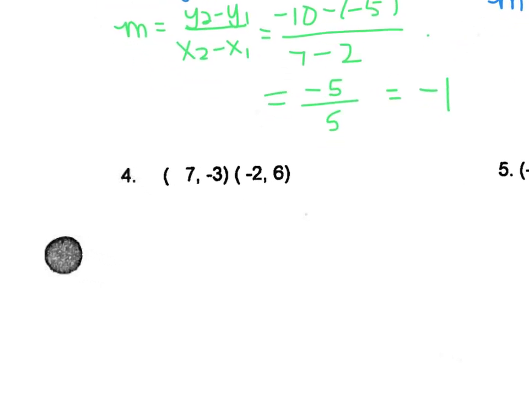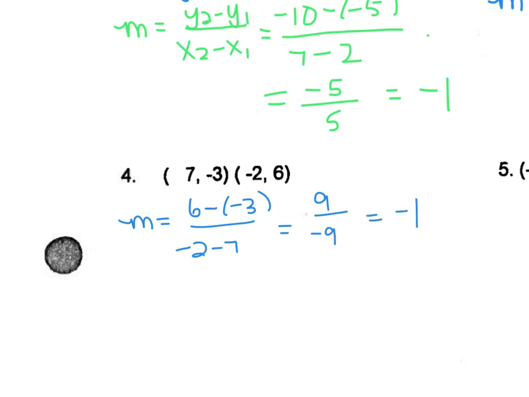All right, let's do number 4. Notice how I put m each time I'm doing my slope. So negative 6 plus 3 is 9. Negative 2 minus 7 is going to be negative 9, and I'm going to simplify.